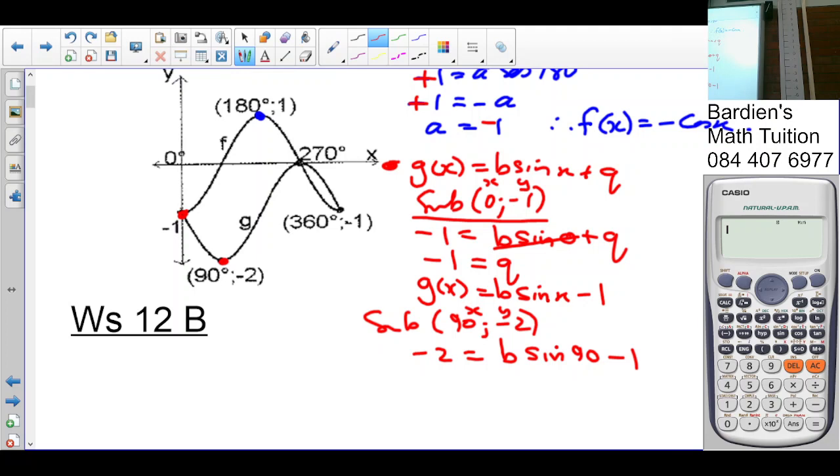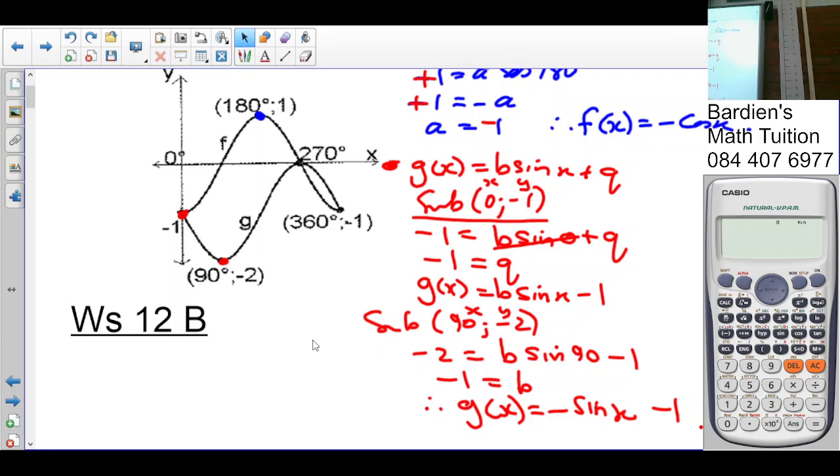What is sine of 90? 1. Now what's 1 times b? b. Negative 2 plus 1 is negative 1. So therefore g of x is equal to negative sin x minus 1. Okay? Something like this is normally worth 3 or 4 marks.